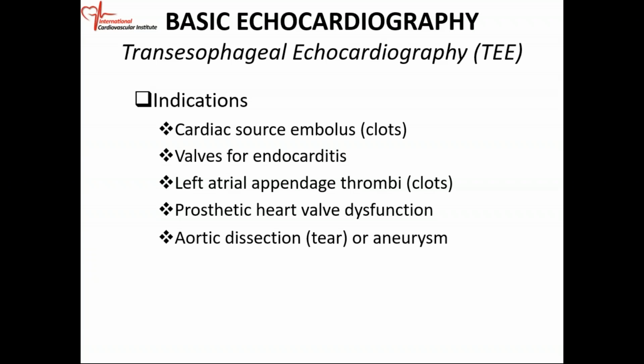So common places where you'll find clots: patient has a stroke, embolic stroke. I had a patient today who had a stroke, and she had multiple clots, not just one side, multiple sites in the brain. So of course it's reasonable to look at the heart to see if the source of the emboli is in the heart.